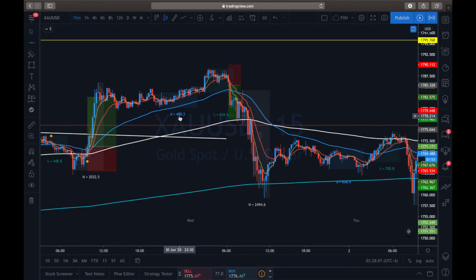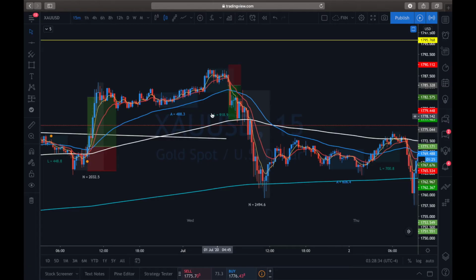So this Asian range is really 48.8 pips, not 488 pips. Okay? So like this move here, this London range here is 91.8 pips. So the decimal is one off. So keep that in mind. This is not 900 pips.